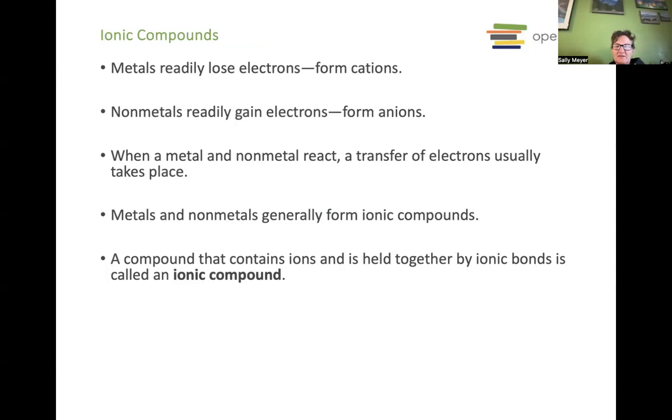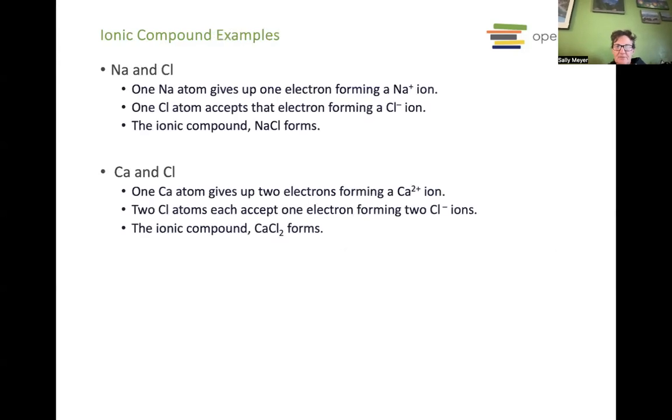And nonmetals, those on the far right, it's easy for them to gain electrons and form anions. When a metal and a nonmetal react, you get that transfer of electrons, and then you can form the ionic bond once you have plus and minus.